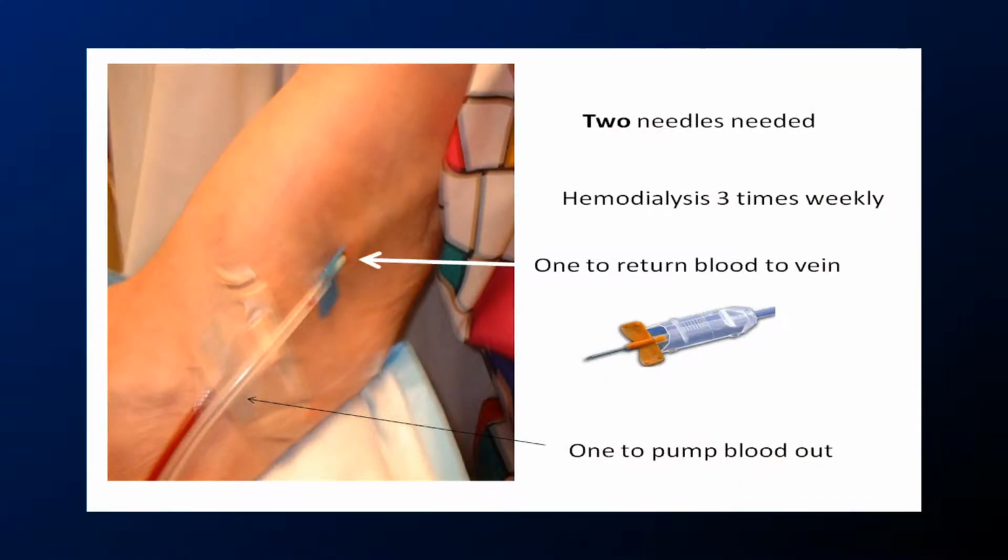So Dr. Nguyen, how do we access the vascular system of these dialysis patients? Well, we need 2 needles, and this is one needle that I showed here. One to pump blood out and one to return blood. And we need to do dialysis 3 times a week for the rest of the patient's life.